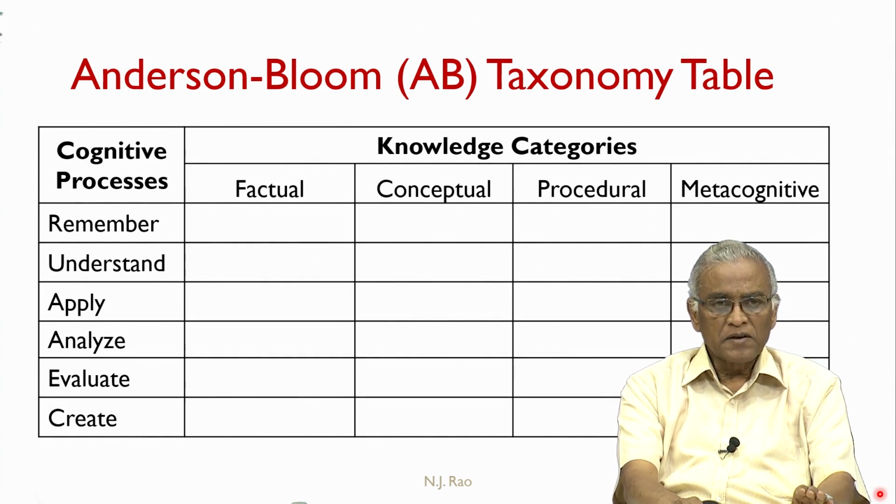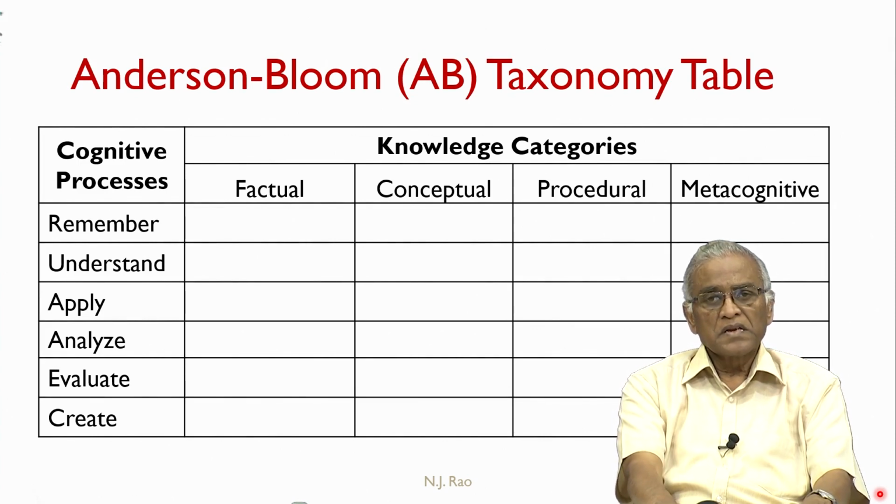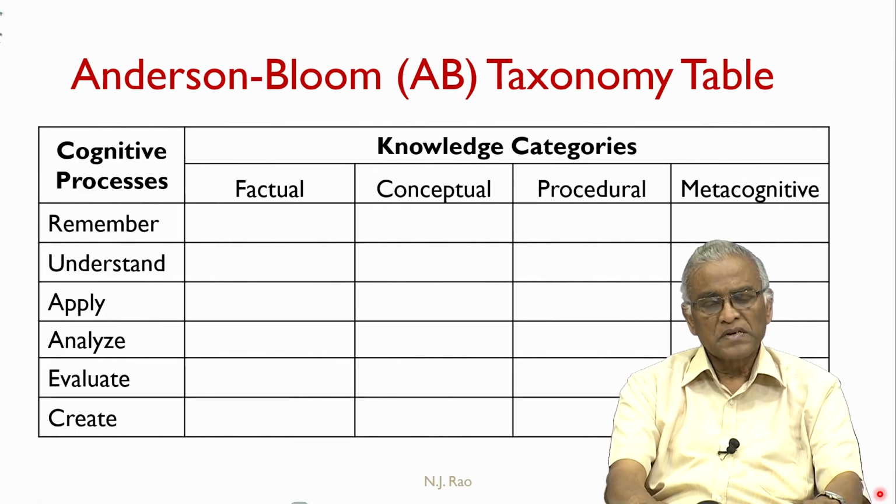The cognitive processes, as we put them in a particular hierarchy, the lowest is remember, then understand, apply, analyze, evaluate and create, and the knowledge categories are also organized: factual, conceptual, procedural and metacognitive. There is no particular hierarchy as such with regard to the knowledge categories, but with regard to cognitive process we have this hierarchy.